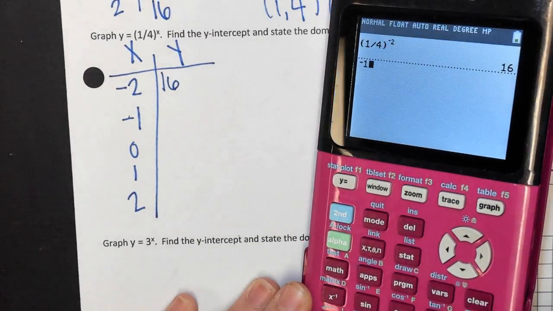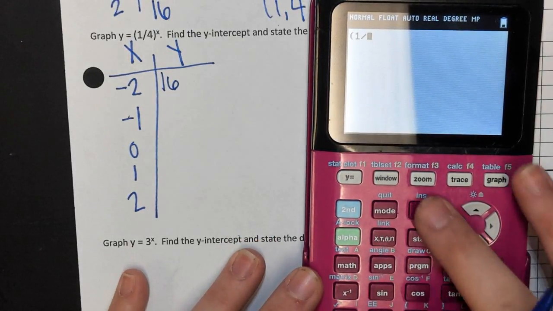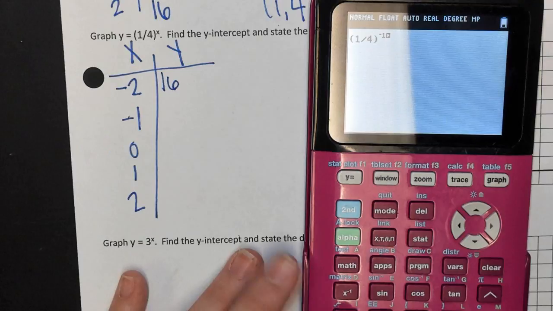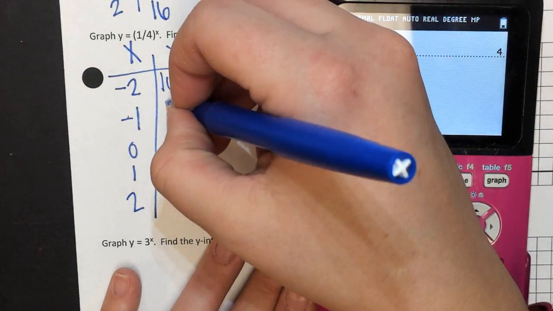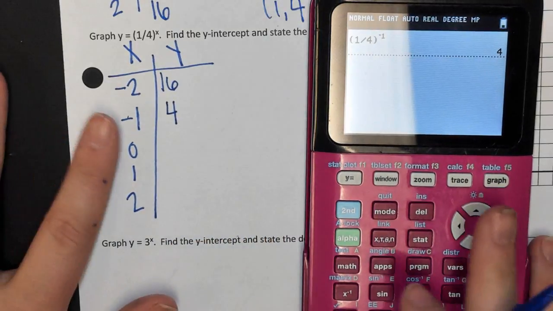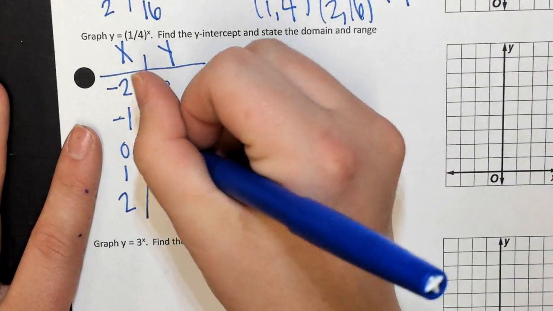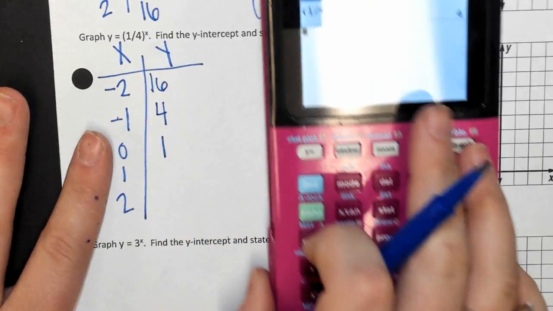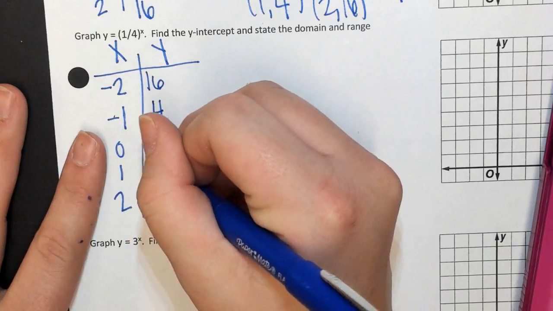1/4 raised to the -1st power is 4. 1/4 raised to the 0 power. 1/4 raised to the 1st power is 1/4.